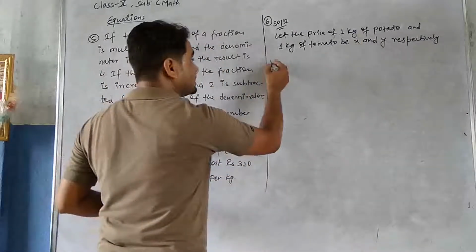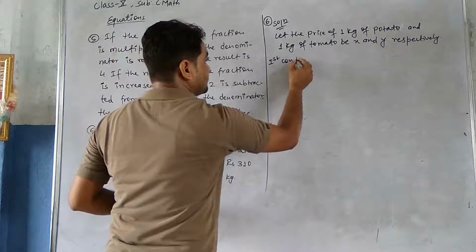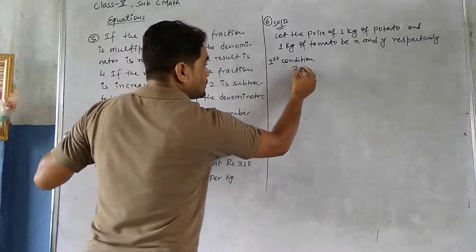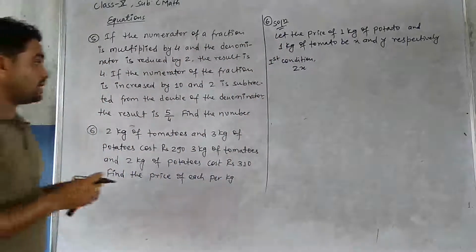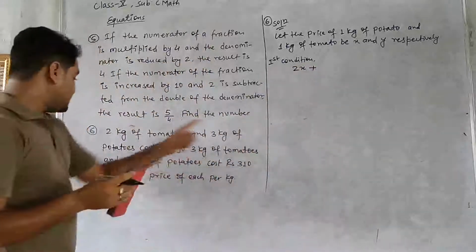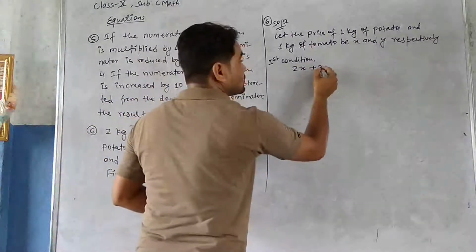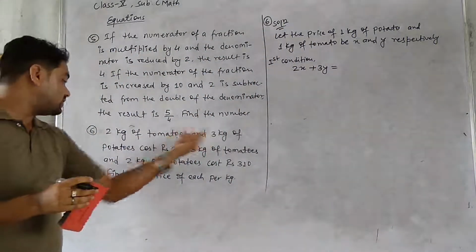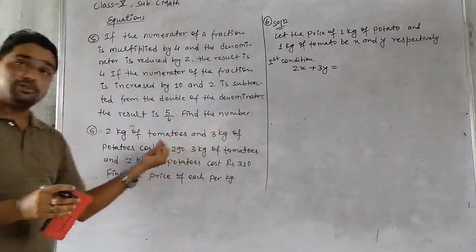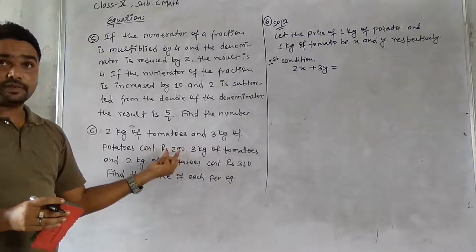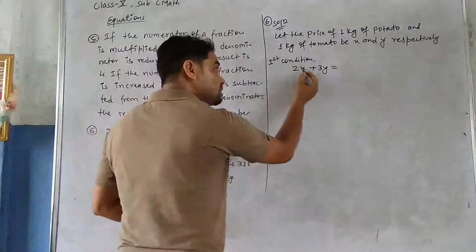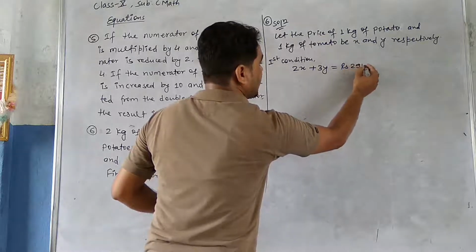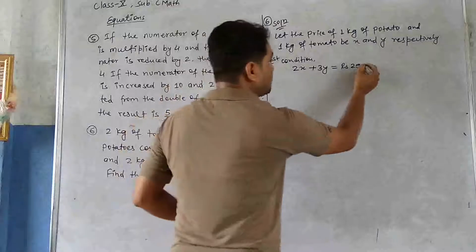That's why from the first condition we can write 2 into x, yes, plus 3 kg of potato, and potato is y, so 3 into y cost. That means the 2 kg of tomato and 3 kg of potato cost together 290. So 2x plus 3y equals Rs 290. Yes, this is our first condition.